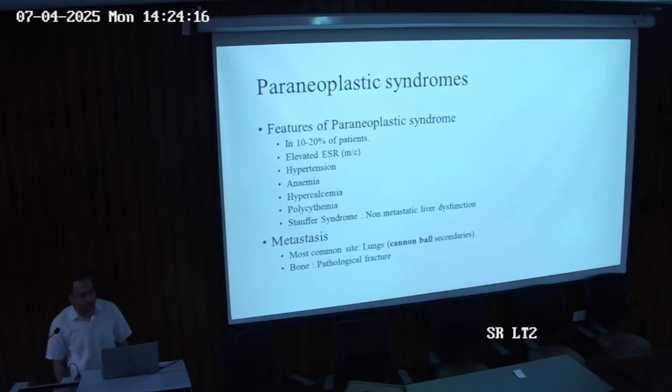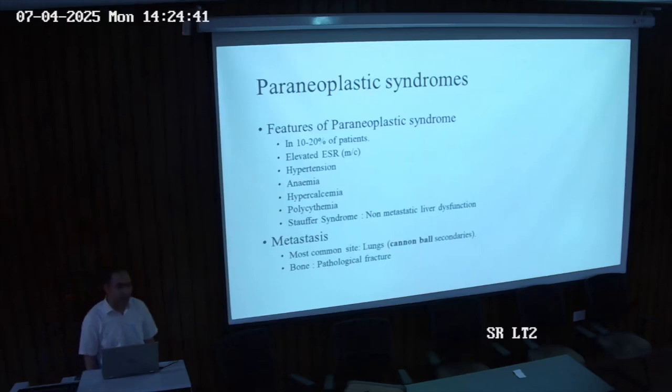Paraneoplastic symptoms are symptoms related to the tumor, or in case of metastasis, sometimes the tumor secretes some hormone or peptide that causes symptoms. The most common paraneoplastic syndrome is raised ESR. So this one is the question: the most common paraneoplastic syndrome is elevated ESR.